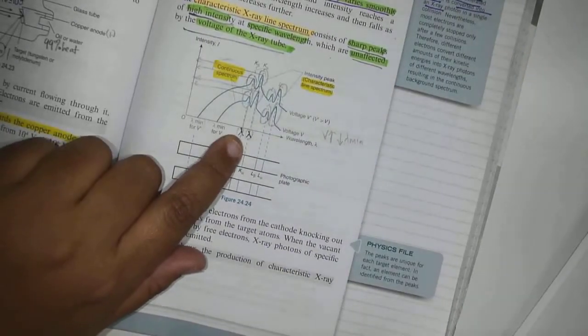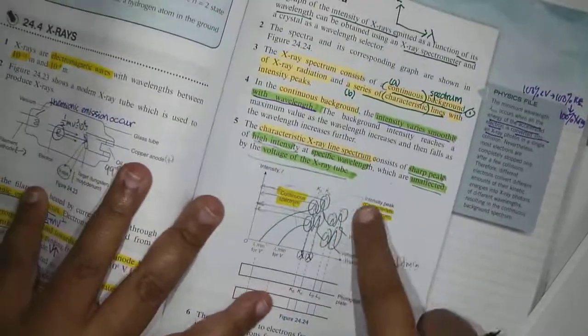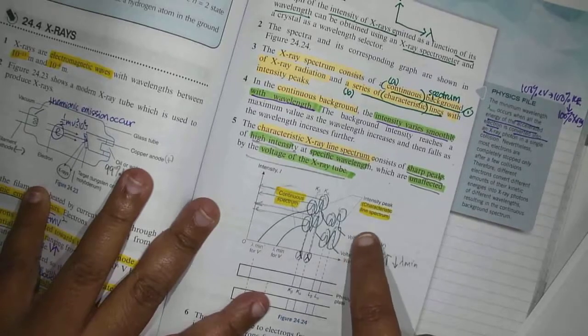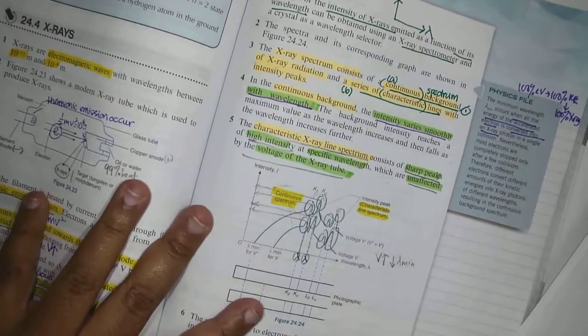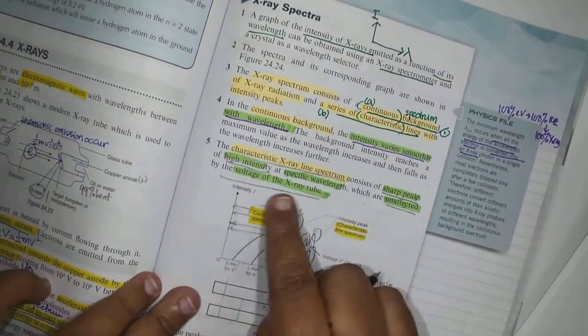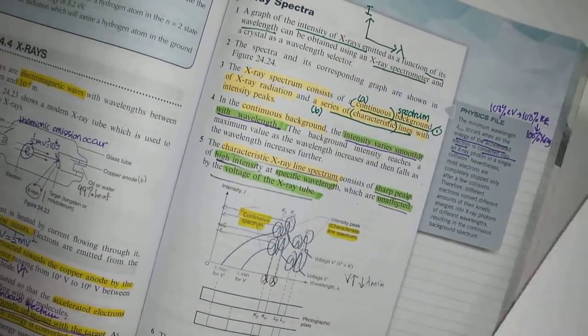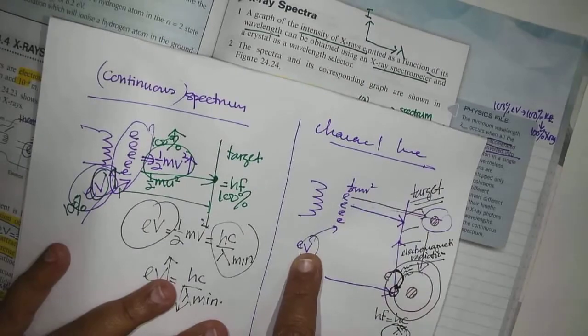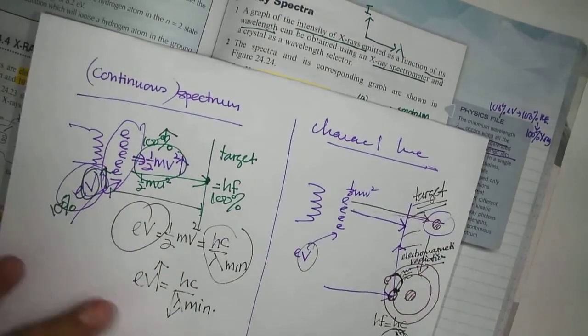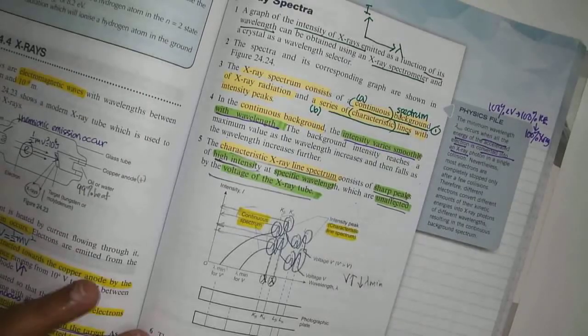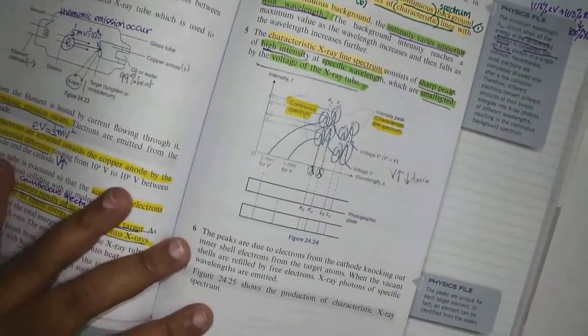It depends on the type of target. If you look at this graph, you notice that even though the voltage increases, the lambda is still the same. So it's unaffected by the voltage V of the X-ray tube. It is affected by the type of target. So that is how you produce a characteristic line spectrum.